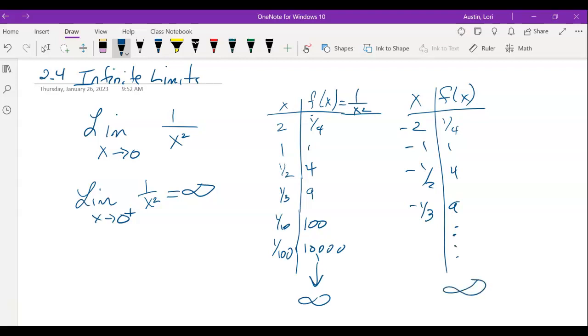It's still going to positive infinity. So what can I conclude? The limit as x goes to 0 of 1 over x squared equals infinity.